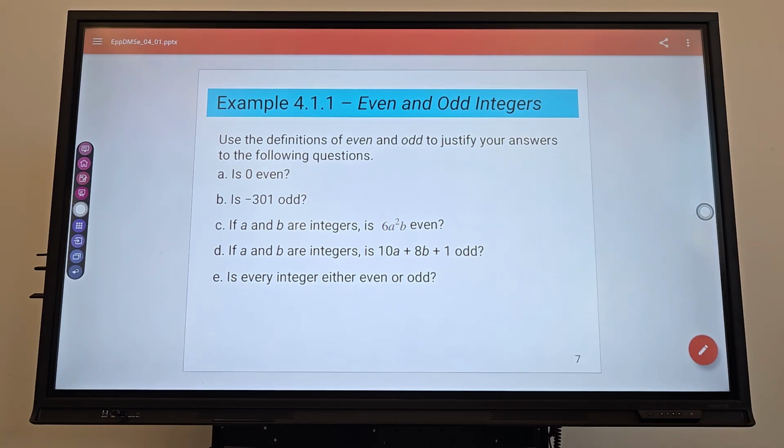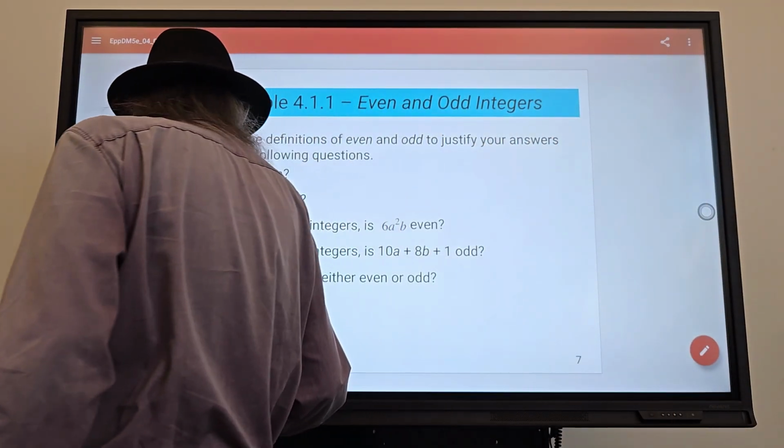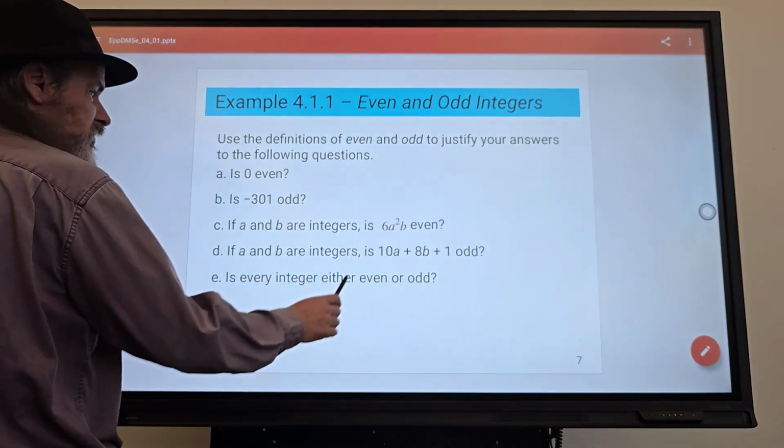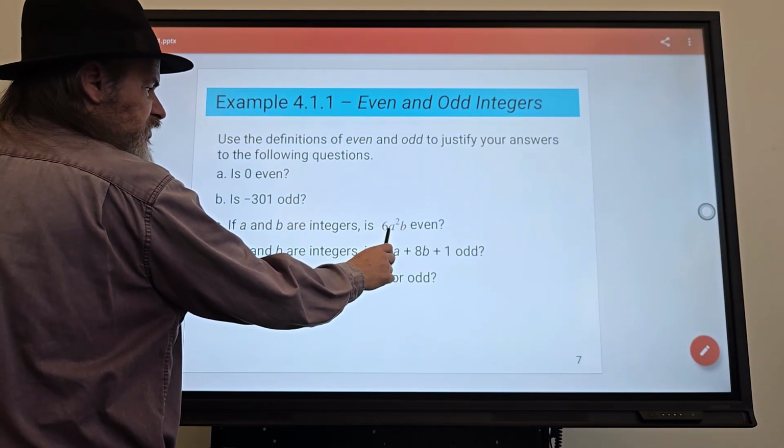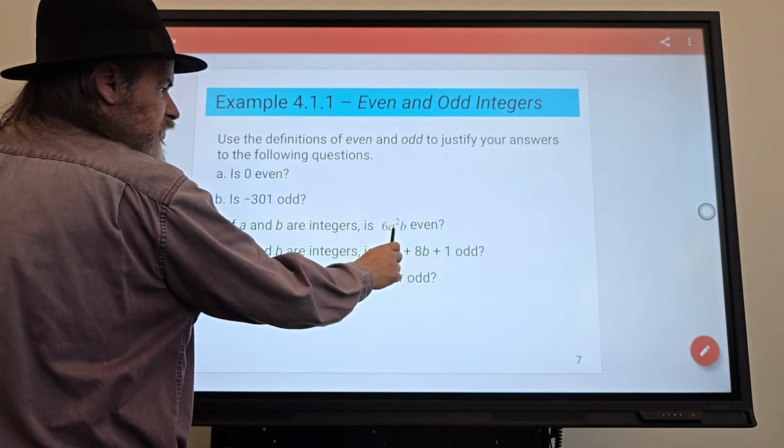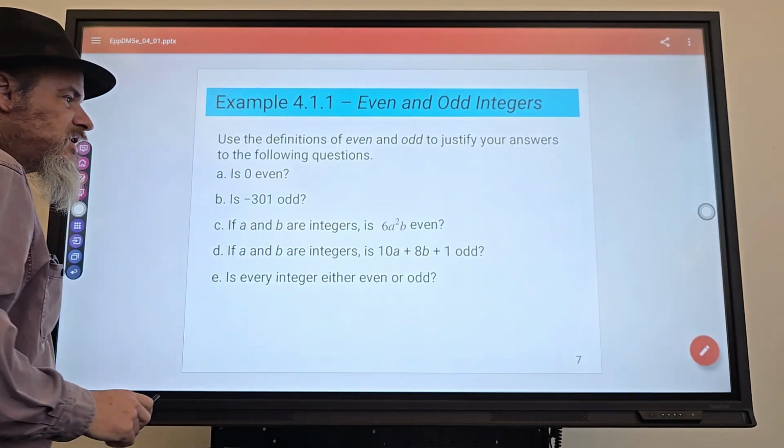If a and b are integers, is 6a squared b even? Yeah, because 6 is an even number, so it's 2k, 2 times 3 times a squared times b.